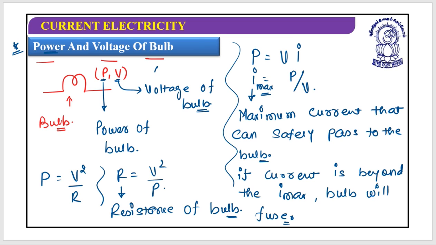So they only need to provide P and V, say a certain bulb is consuming a power of 60 watt and it operates at 220 volt. From this data, from the power rating and the voltage rating, we can get all this data: what is the maximum voltage that can be applied to a bulb, what is the maximum current that can be passed through this bulb, and what happens if I send a current beyond this.